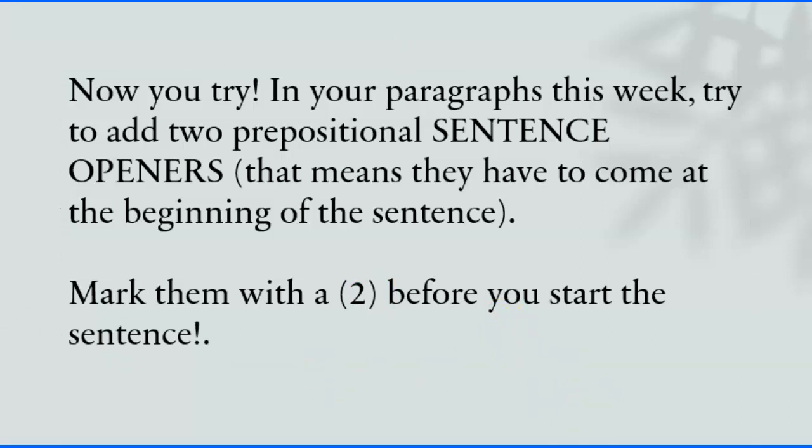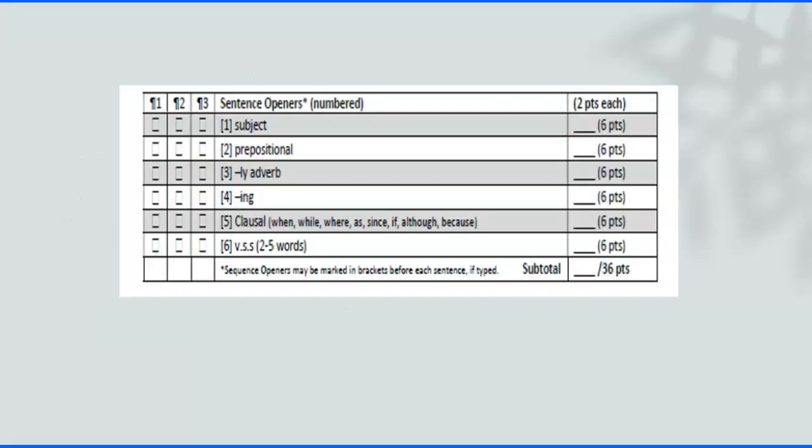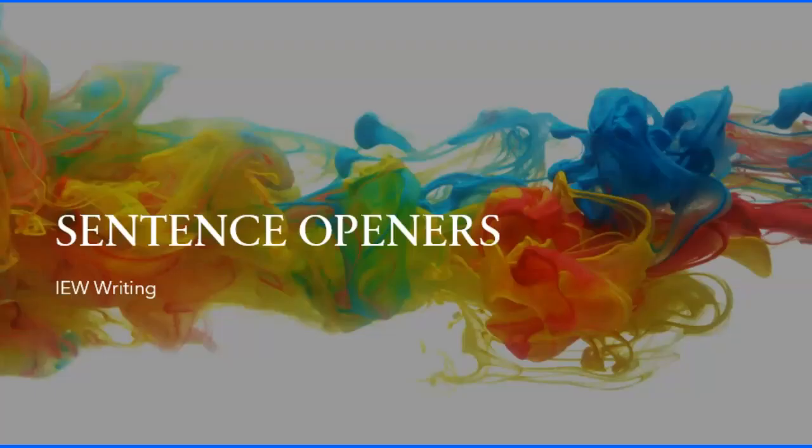So make sure that you pull out this little diagram and remember that. I will actually post it so that you can remember the different numbers. But we're mainly working with numbers 1 and 2. So make sure you remember that. Have fun trying your sentence openers.